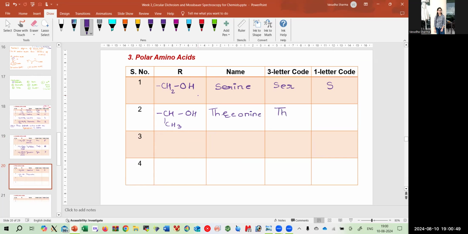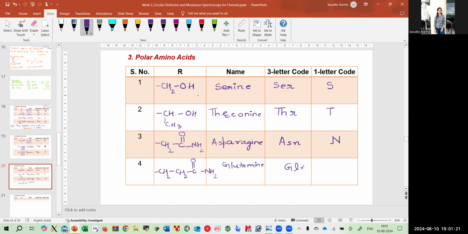The code is THR and T. Followed by if we have CH2, C double bond O, NH2 group, then it is asparagine, which is ASN, and the code is N. If we have one more CH2 in this group, C double bond O, NH2, then it is glutamine.